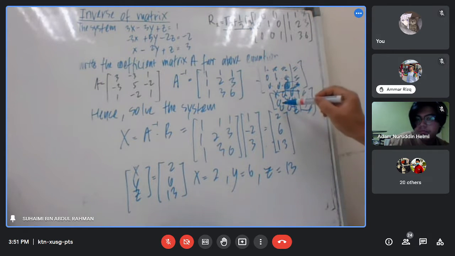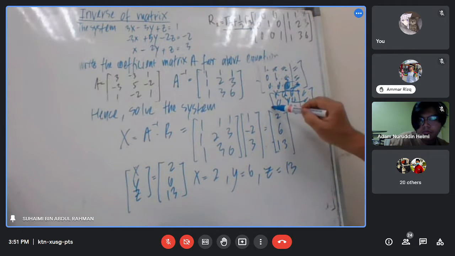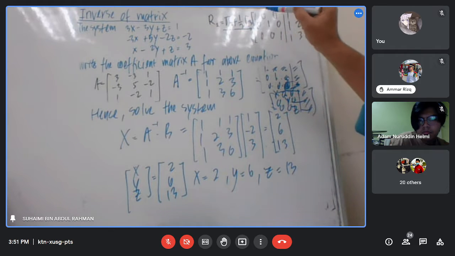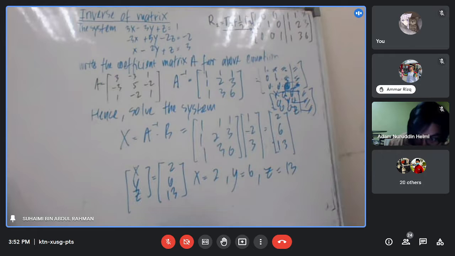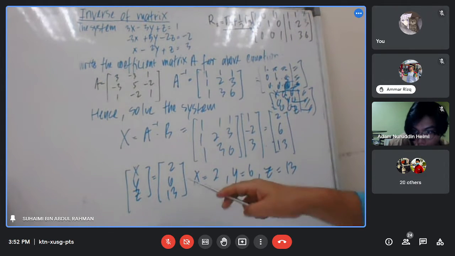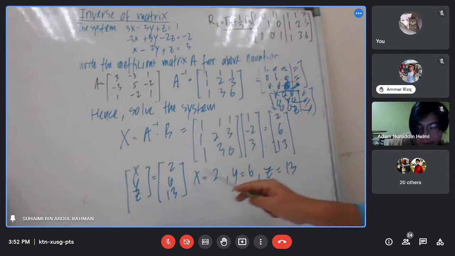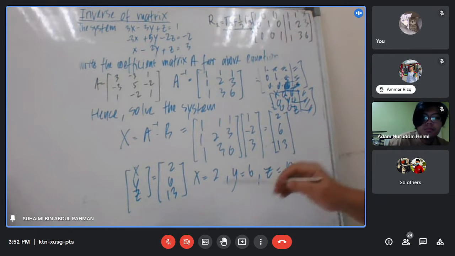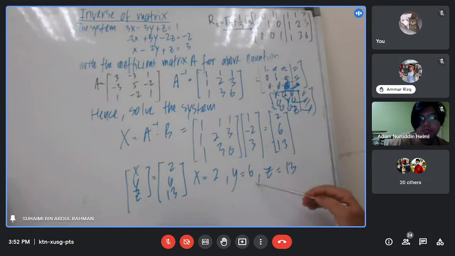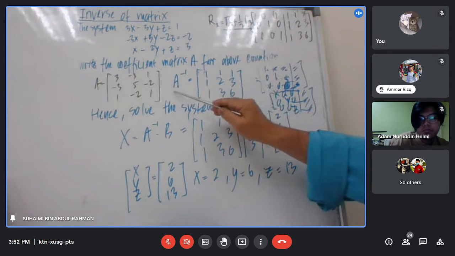Gauss, Gauss-Jordan, inverse: all those three are to find the value of variables. But the inverse, apart from finding the value of variables, is also to find the value of the inverse.